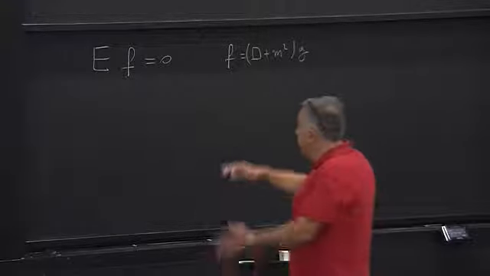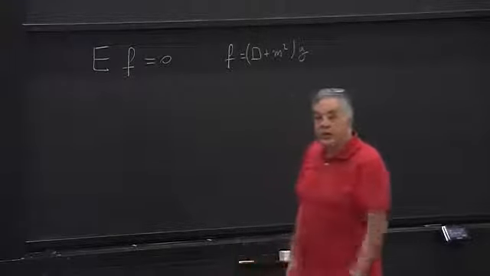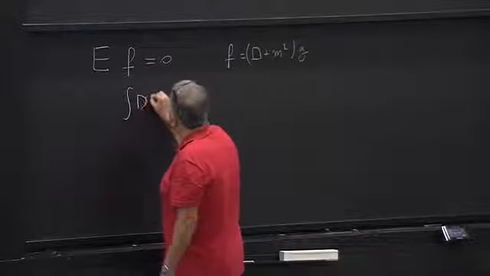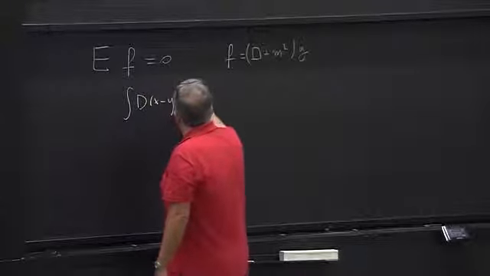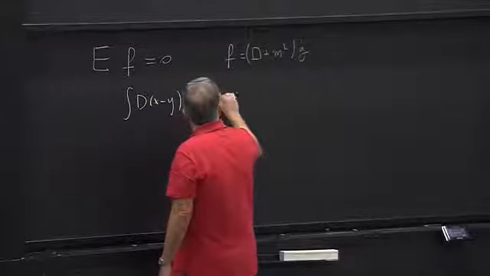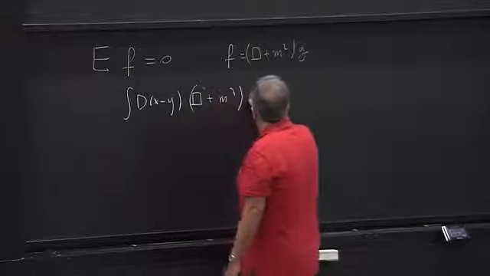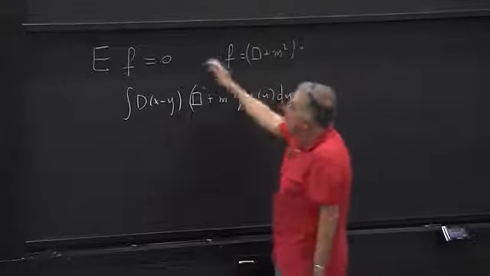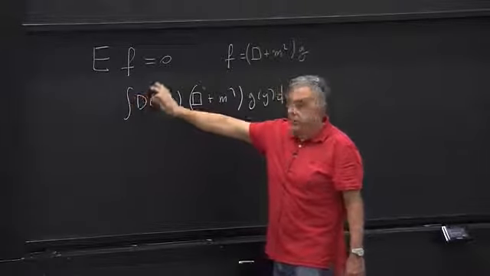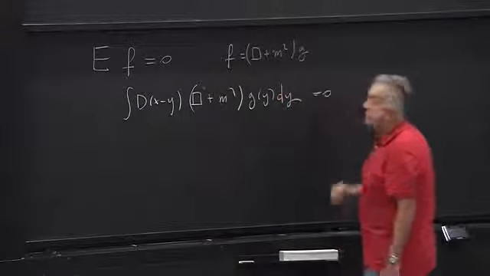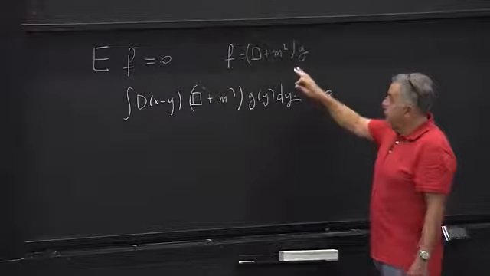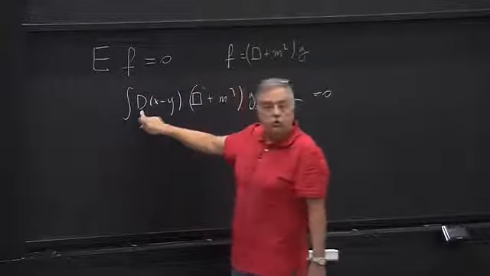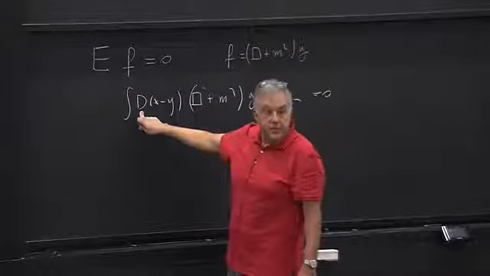The direct implication is obvious. So if you write the Klein-Gordon operator applied to this, here you can integrate by parts. This is 0 and this is 0. So if f is like this, E of f, which is the convolution with the Pauli-Jordan function, is 0.